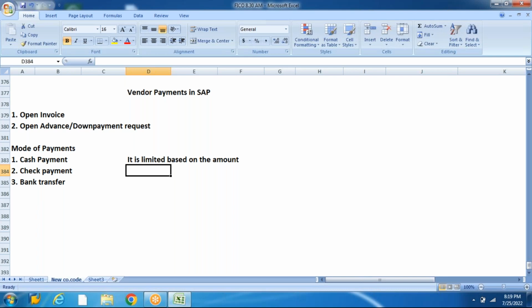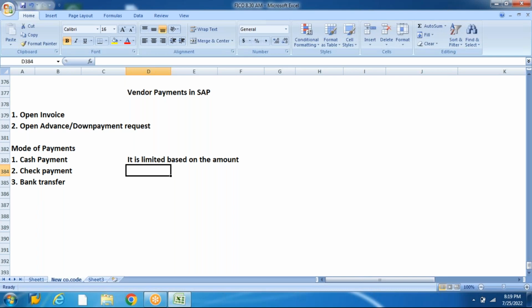It will be strictly through bank payment. Either they write a check in the vendor name or they initiate the bank transfer to the vendor account. Clear? Yes, sir. So cash payment will have some limitation based on the amount. This amount limitation differs from company to company. So each company may have its own policy.